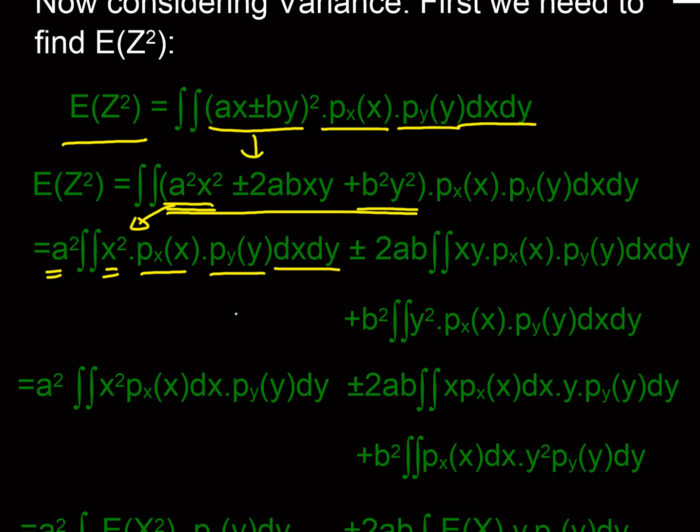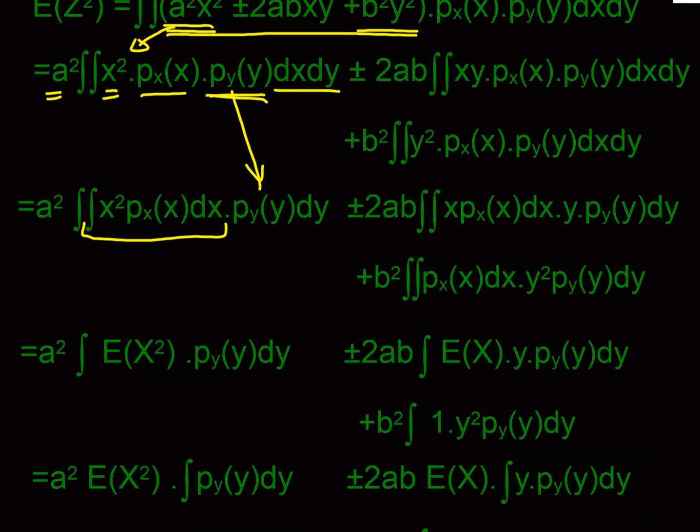And as we did before, p(y) is not a function of x, so we can move it outside the x integral. So we've got a p(y) dy at the right hand end. That means that inside the inside integral now is just x squared p(x) dx, all functions of x, and we can recognize that that's the definition of the expected value of x squared.